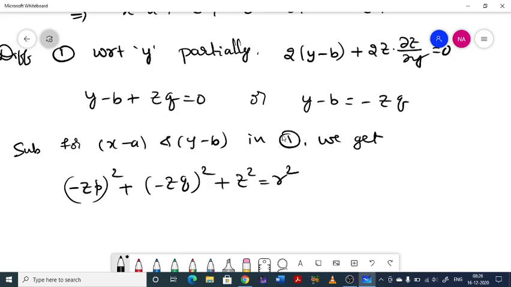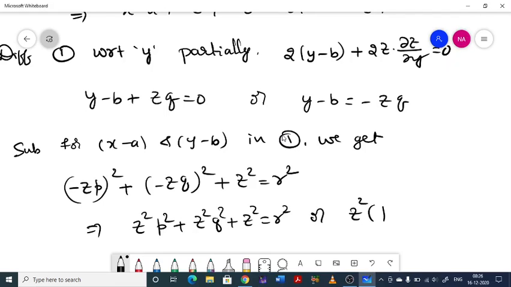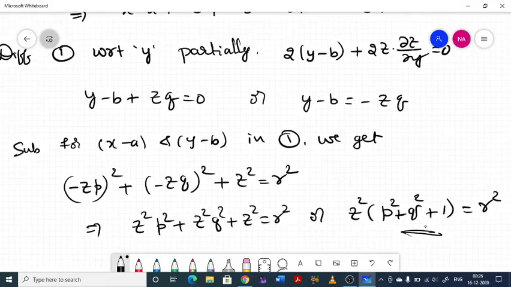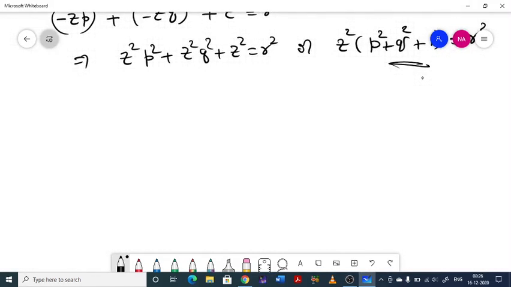So that is z square p square plus z square q square plus z square equal to r square, or z square times p square plus q square plus 1 equal to r square. So this is the required PDE. So that is over B, C, D, E.